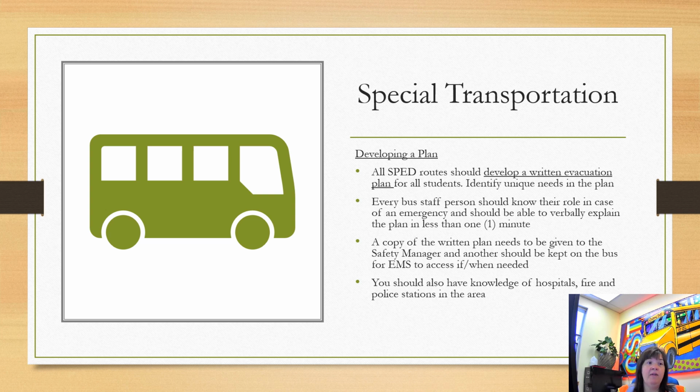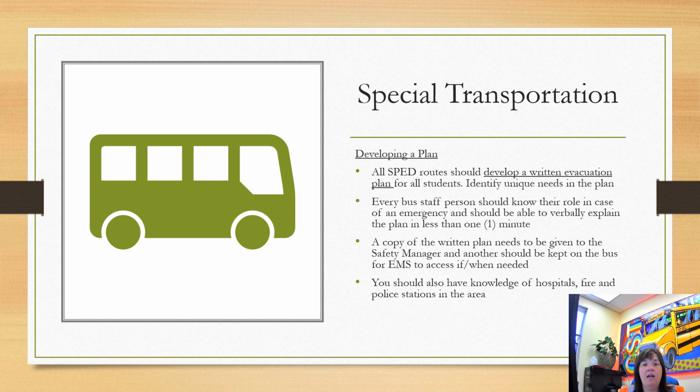A copy of the written plan needs to be given to me, the safety manager, and another one should be kept on your bus for EMS to access if it's ever needed. So you should have where the students are sitting, what their special need is, if they have a need that needs to be notified.